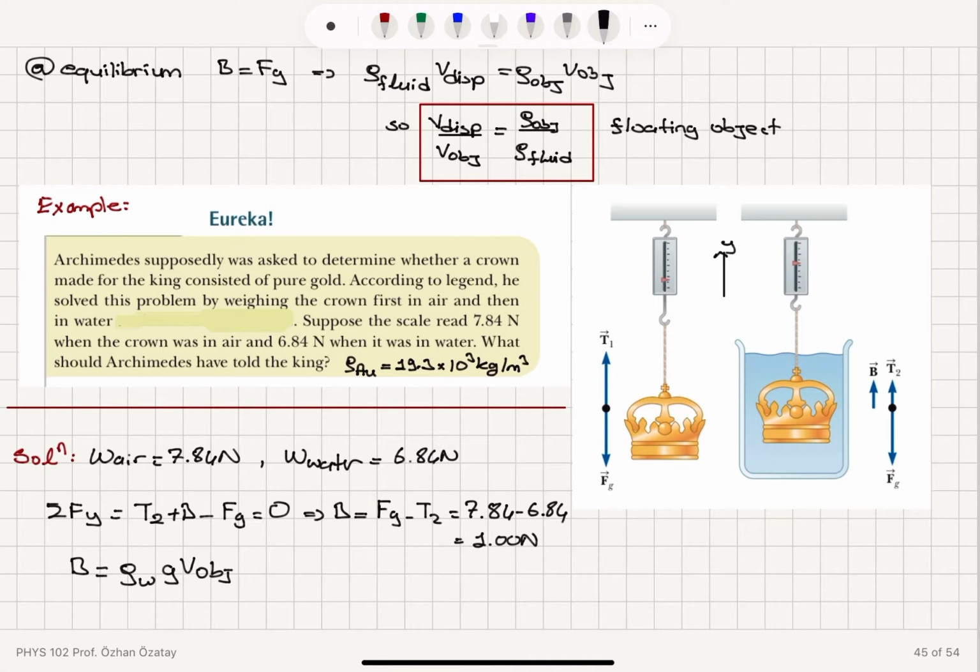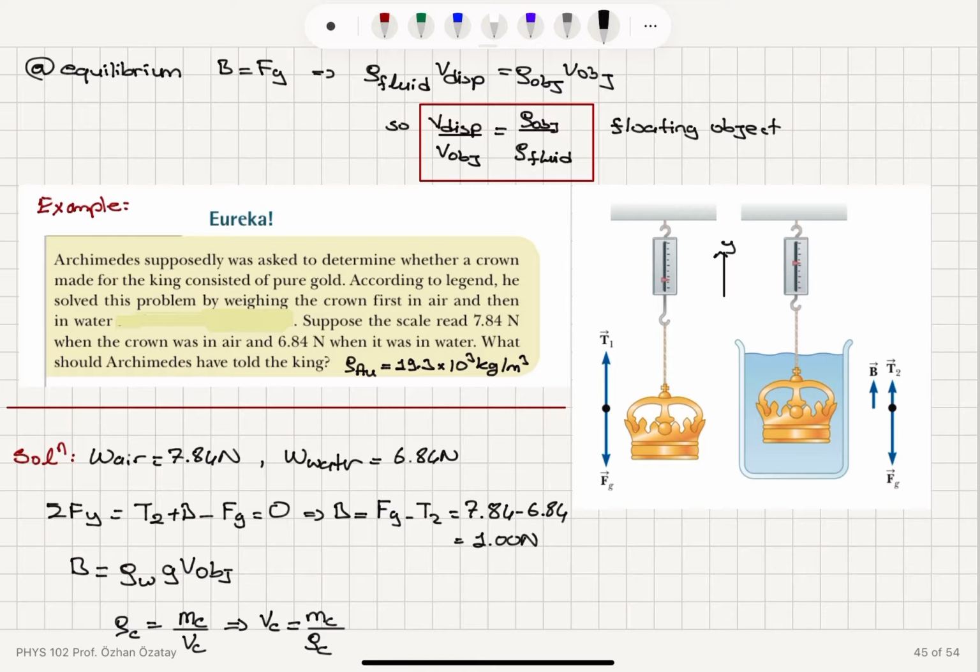Now, what is the density of the crown? It is the mass of the crown divided by the volume of the crown, mass divided by volume. So this gives us the volume of the crown equal to the mass of the crown divided by the density of the crown.